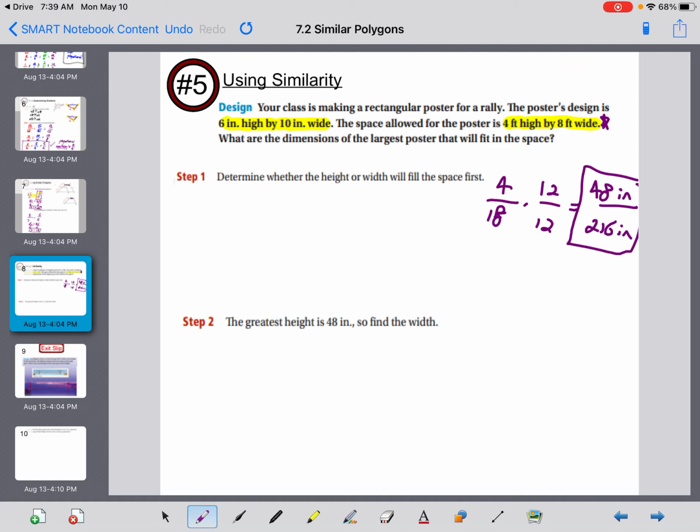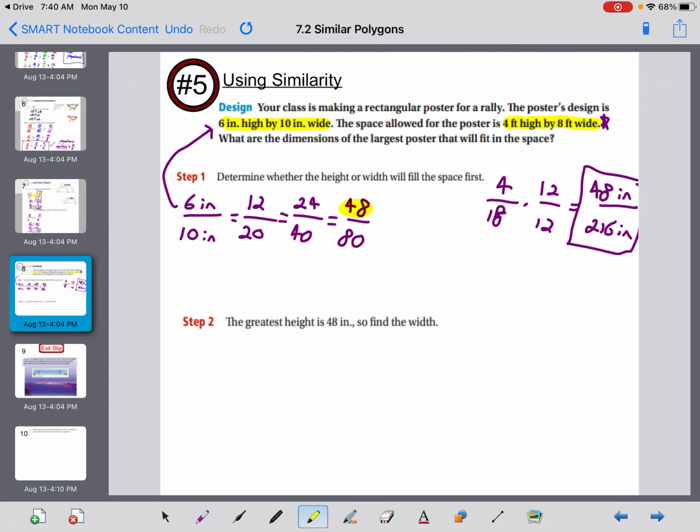Determine whether the height or the width will fit in the space first. Well, 6 inches over 10 inches is the original. If I keep doubling, we get 12 over 20, 24 over 40, and 48 over 80, right? Because I just kept doubling them. Well, here's 48, and that's the maximum, right? So the height will fill first.